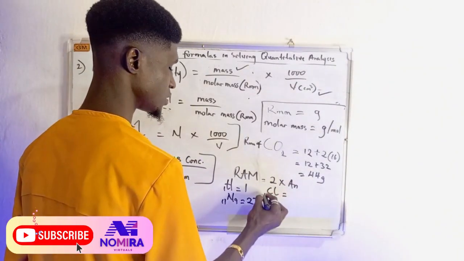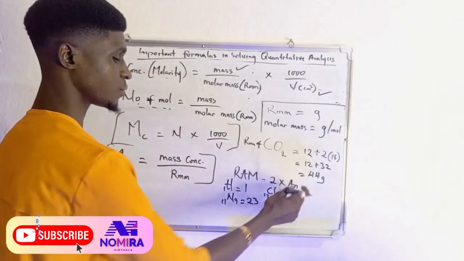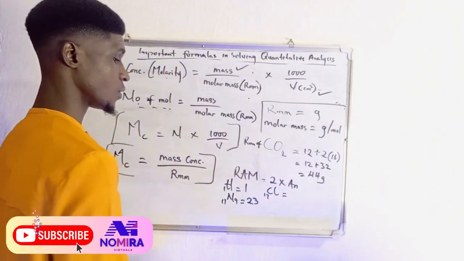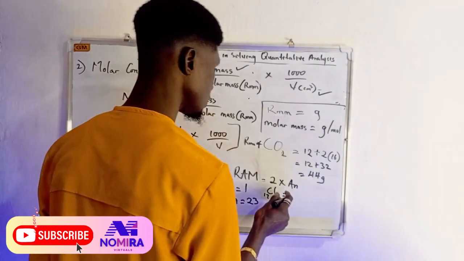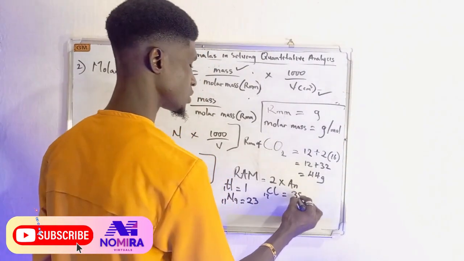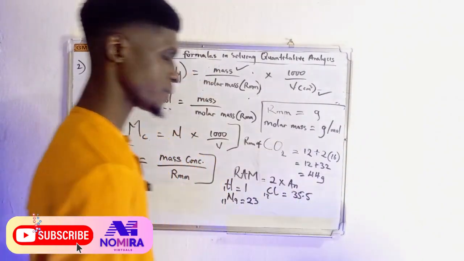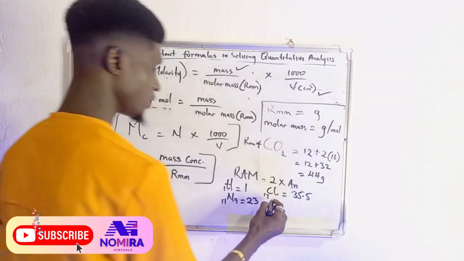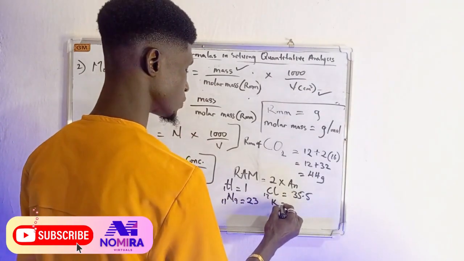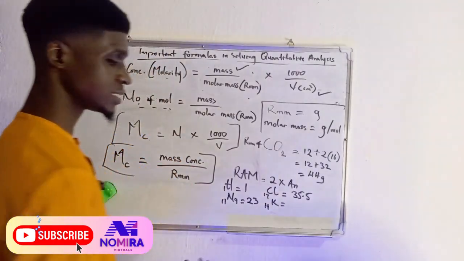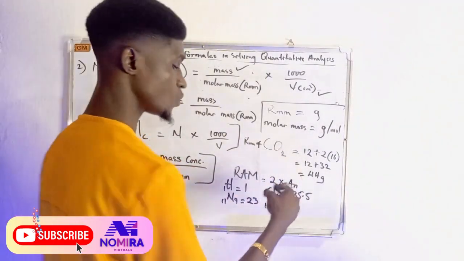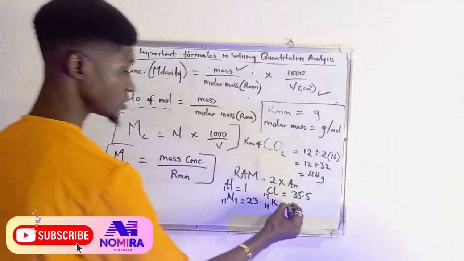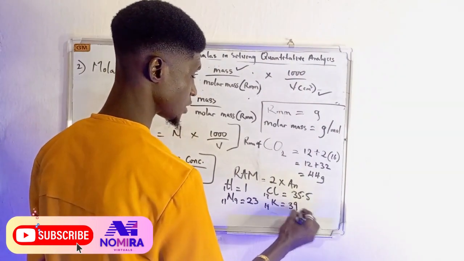Another exception is chlorine. Chlorine is 17. If it was to follow this formula, it would be 34, right? But the relative atomic mass of chlorine is 35.5. Then another exception is potassium. Potassium is atomic number 19. If it was to follow this, it would give you 38, but the relative atomic mass is 39.